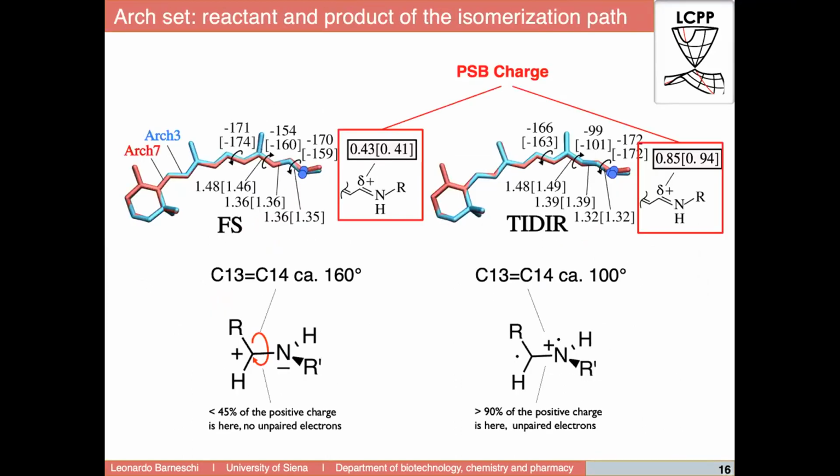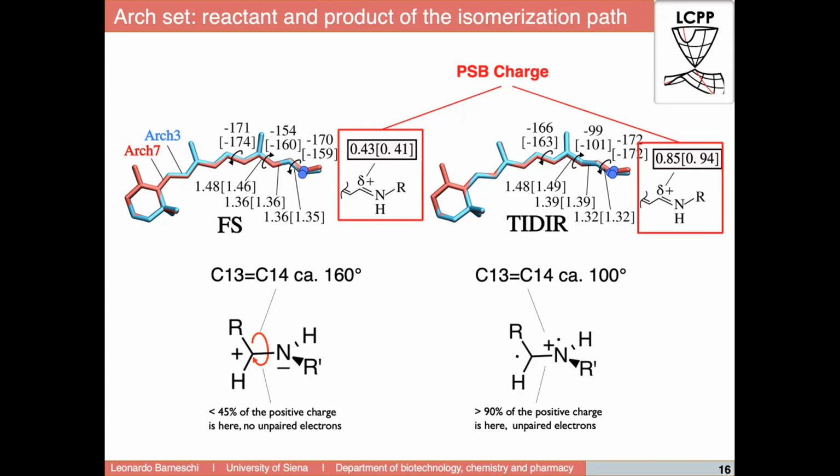And this is just what I schematized earlier. We documented the electronic structure character by looking at how the charge is distributed down the polyene chain.